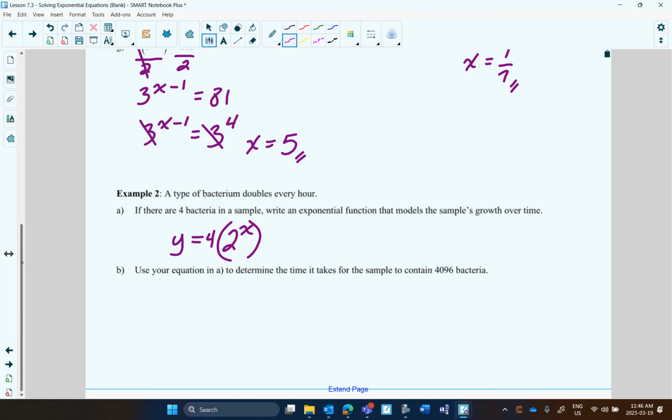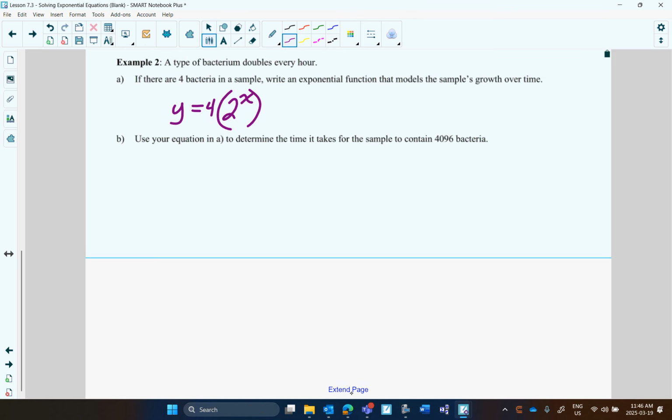And finally, now that we have that equation, we want to find x if the number of bacteria, which I've called y, is 4,096. Well, we set ourselves up an equation.